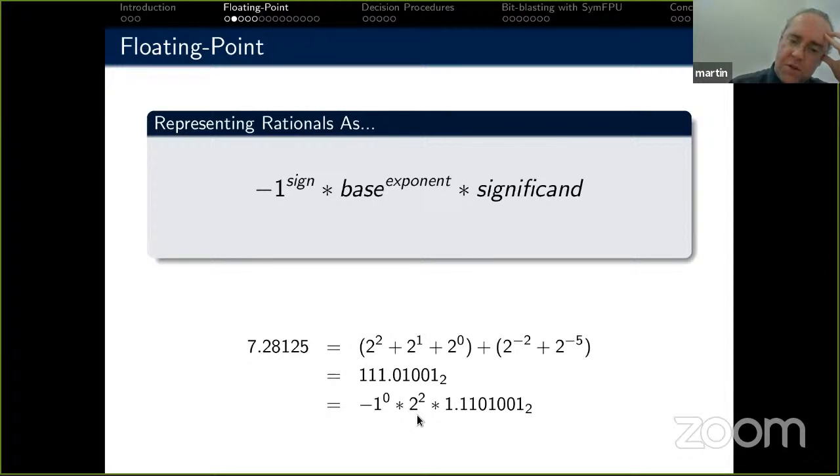If you've got the smallest possible exponent you can, then the difference between those two numbers is not representable. And that's kind of awkward.